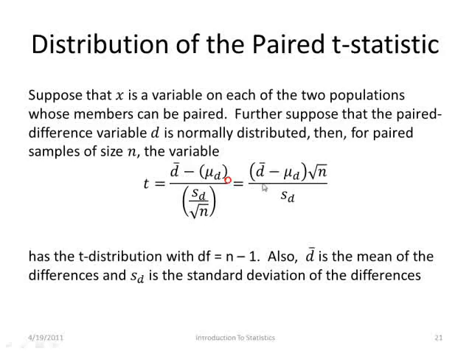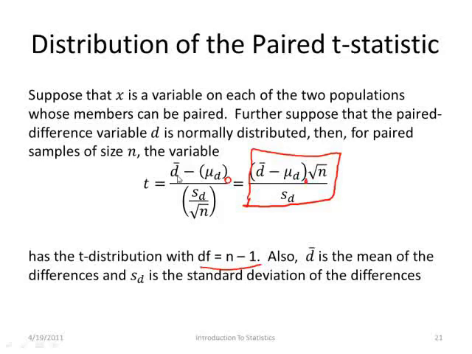So again, inverting and multiplying for computational purposes, this is going to be our studentized T test statistic, where the degrees of freedom is n minus 1.